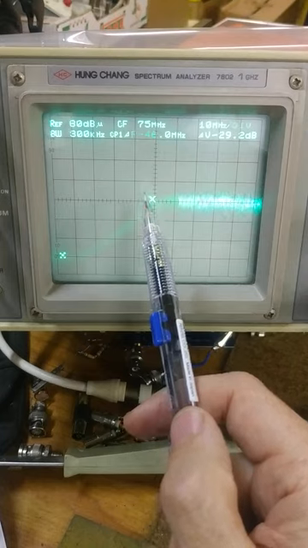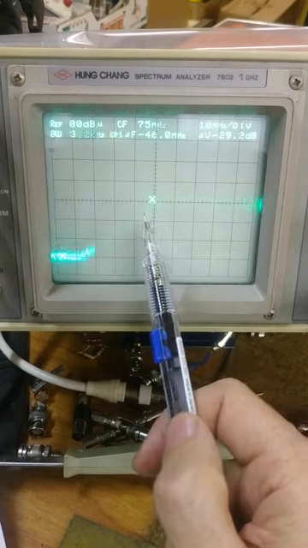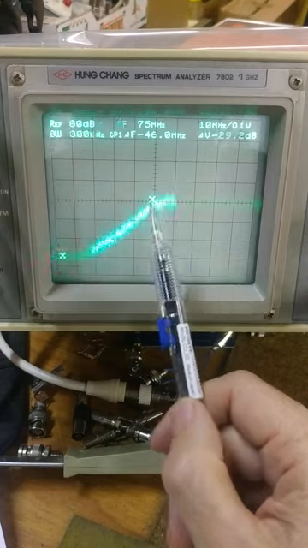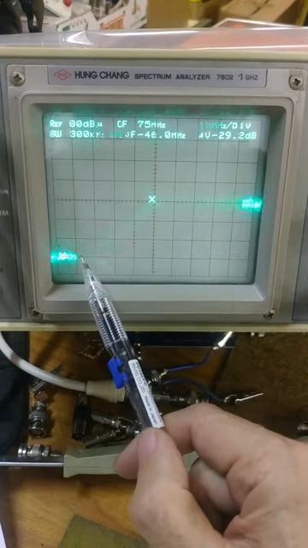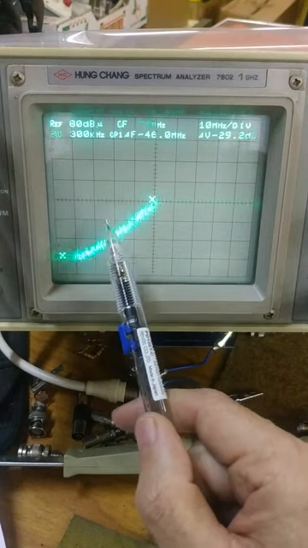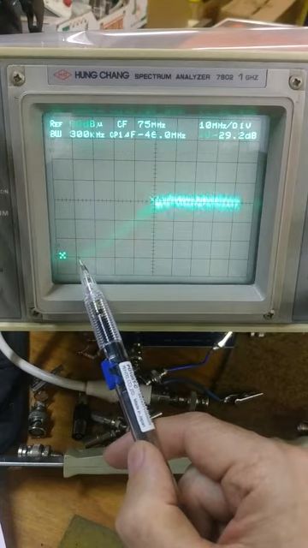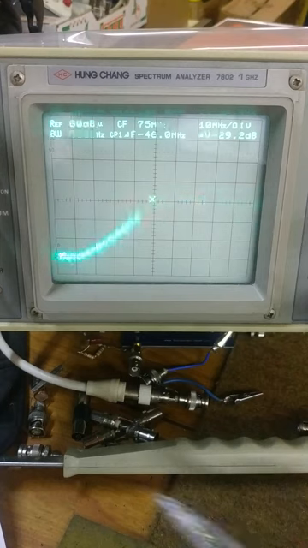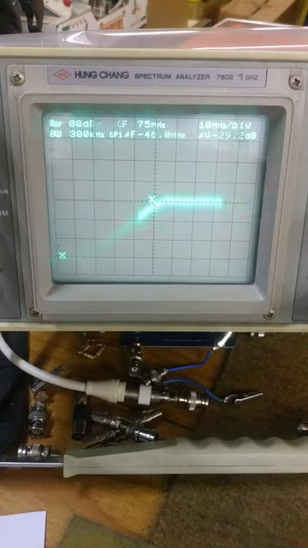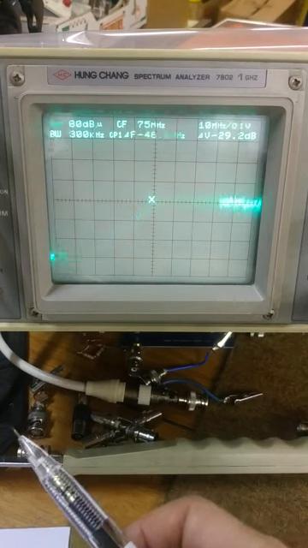Octave is basically a ratio of 2 to 1, so it's either doubling or halving the actual frequency. So 1 octave lower than 75 is about 35 megahertz, and 35 megahertz is right here. And if I measure it, I get about 32 dB attenuation, which corresponds with a sixth order filter, which gives you about 35-36 dB attenuation per octave.